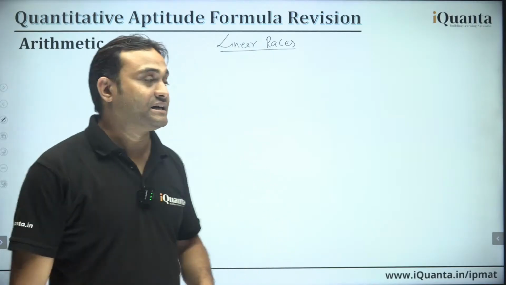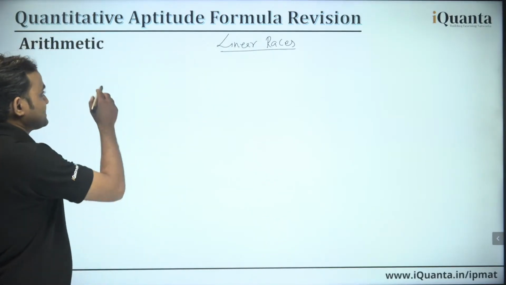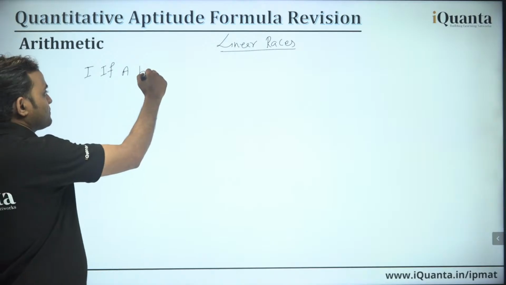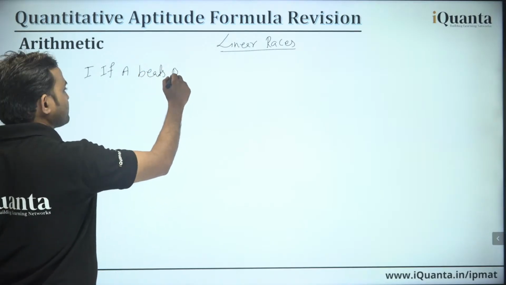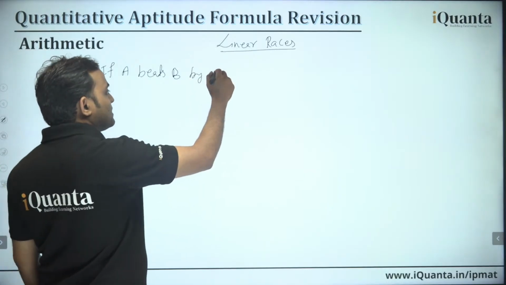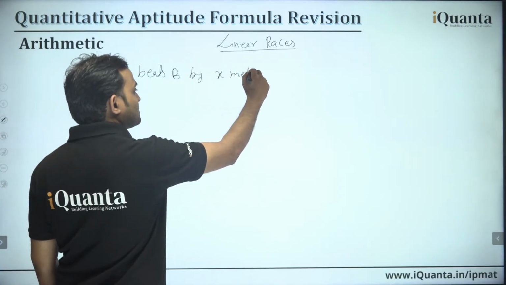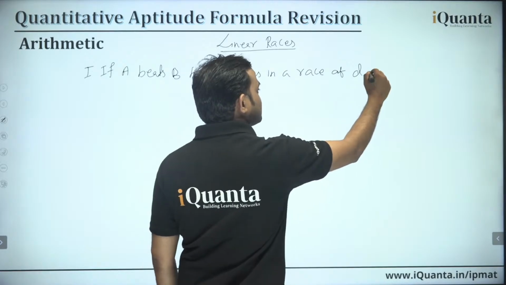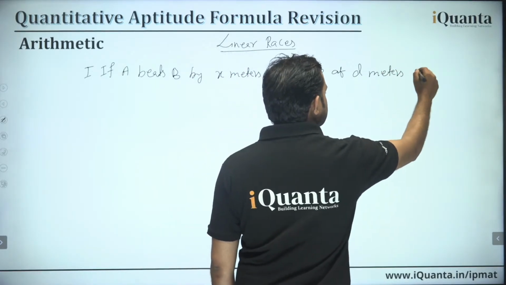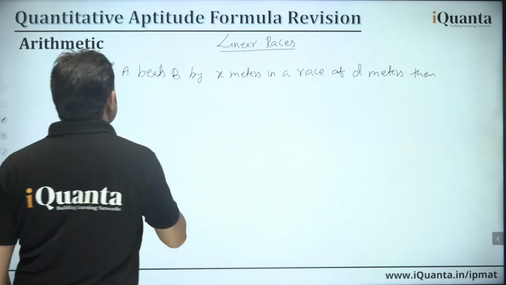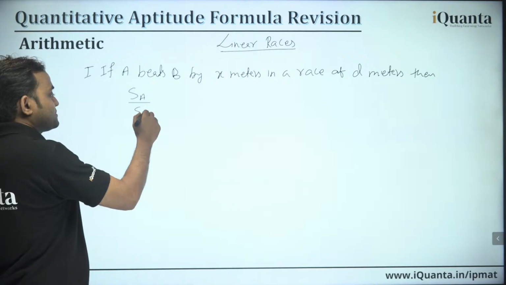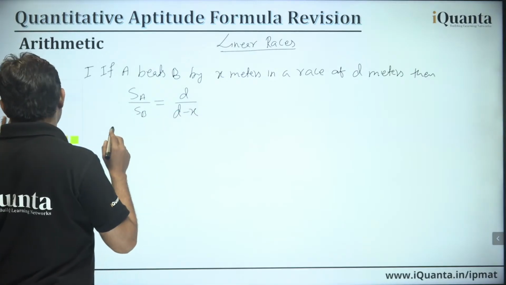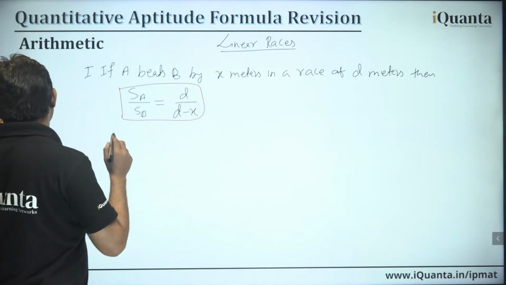In case of linear races, if A beats B by X meters in a race of D meters, then we can find the ratio of speed of A upon speed of B, which will be equal to D upon D minus X. This will be the ratio of speed of A and speed of B.